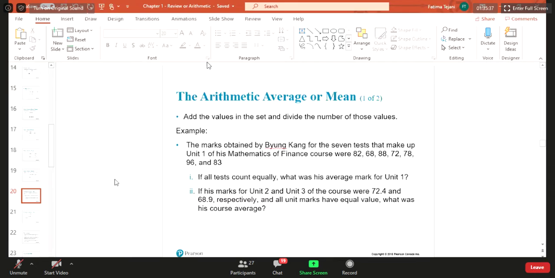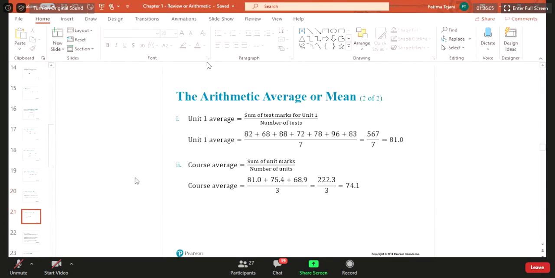You just have to calculate the simple average. 70.65, so about 71.